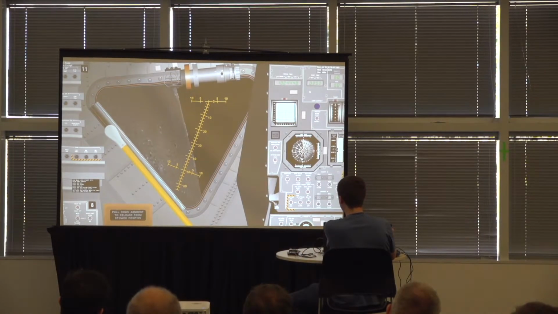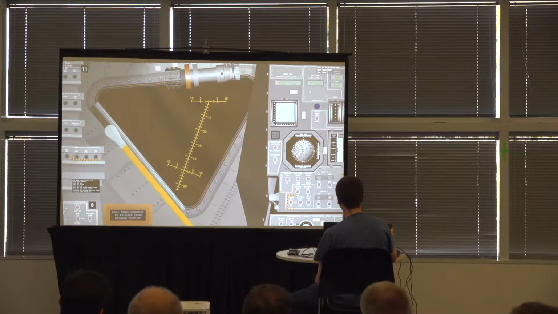But I have to keep my hand controller deflected to the side. As soon as I want to stop spinning, I'll let go of my hand controller, and it'll fire thrusters to stop me from spinning. So I'm just going to do a 180-degree spin here, and stop it as soon as we get to the double or the triple lines here on the attitude indicator.